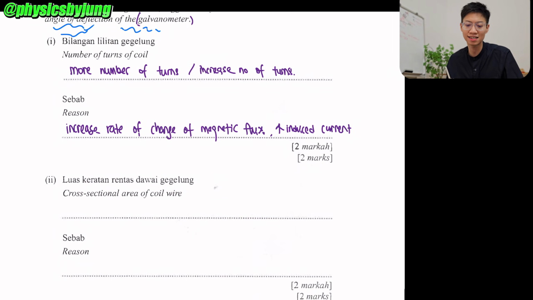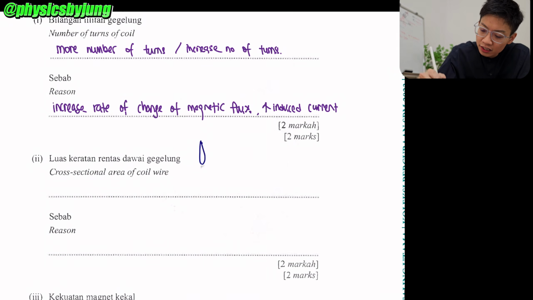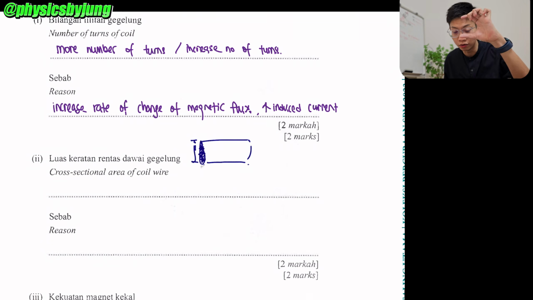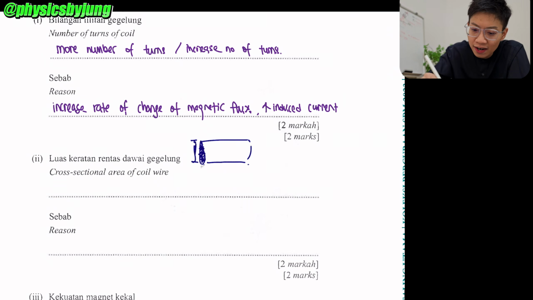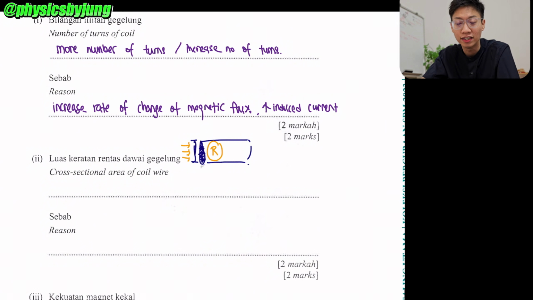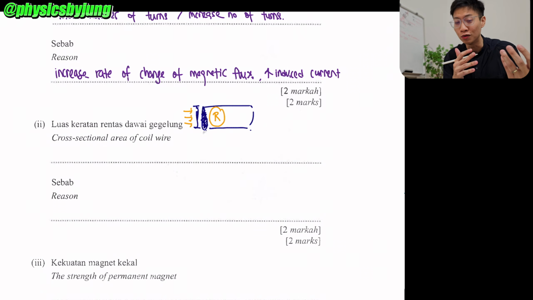Okay. Then next will be the cross-sectional area of the wire. Cross-sectional area of the wire obviously is talking about this part. Correct? It's talking about the whole thing. What will the cross-sectional area of the wire affect? Obviously it will affect how much current is allowed to pass through. So what it affects here is actually the resistance of your wire. So you don't go and memorize that everything is increase the change of magnetic flux. This one relates back to your electricity.